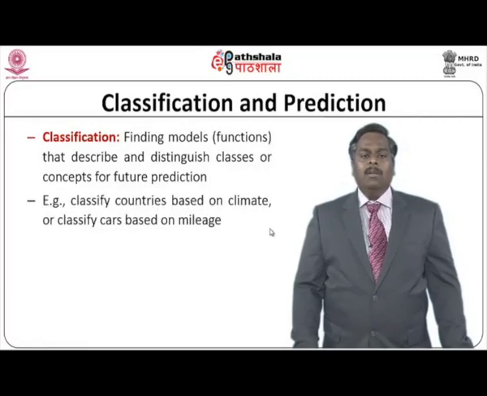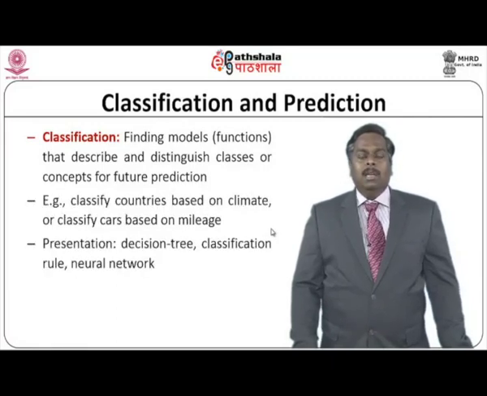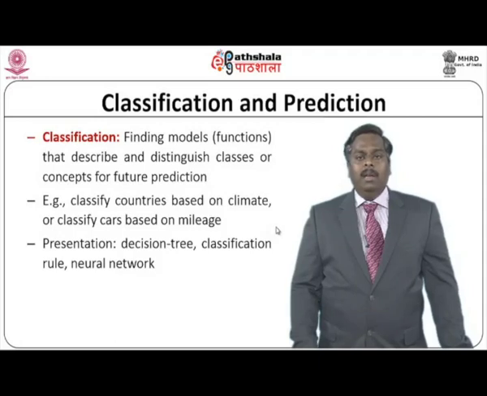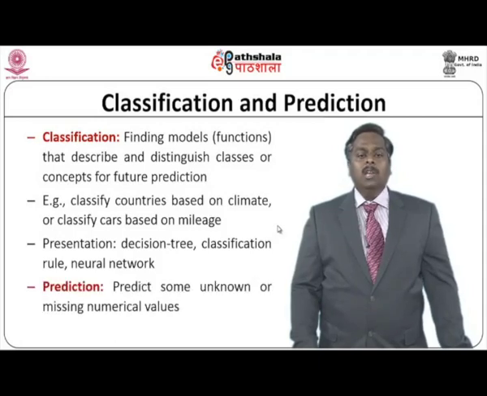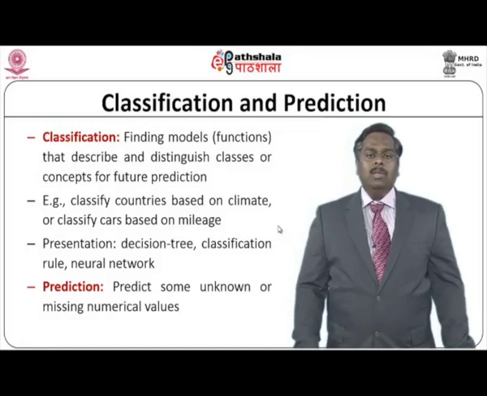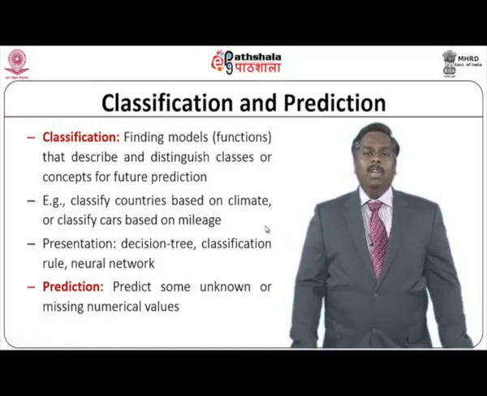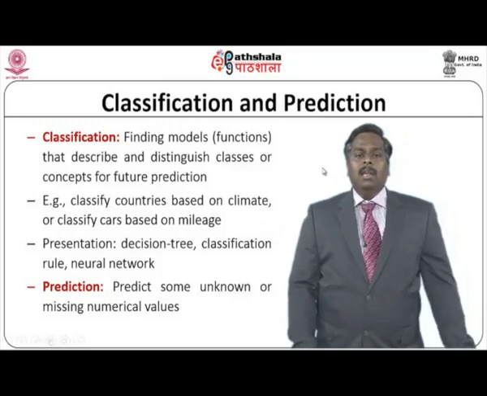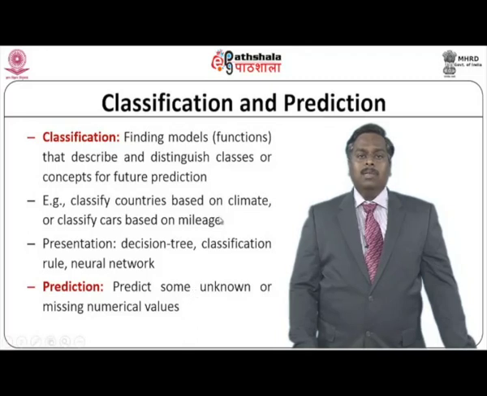In prediction, we normally predict a number or say a numerical value. This is also similar to classification, but instead of assigning a class label, here we will be making use of a numerical number.